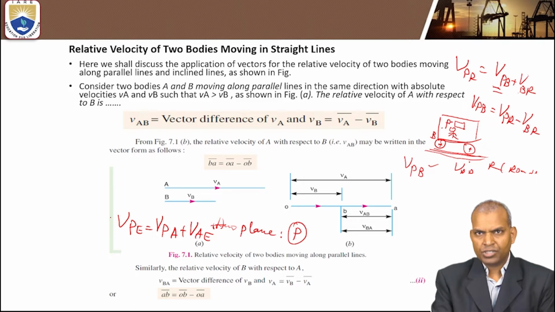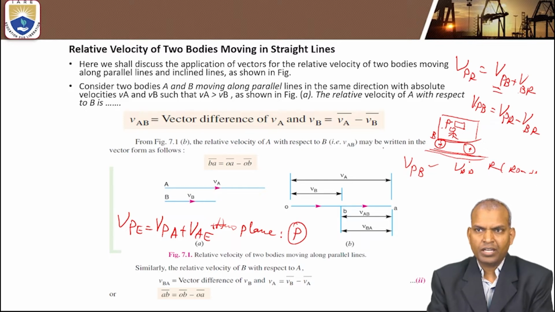So that is the introduction of finding out the velocity equations and vector forms of various bodies. In this, there are three case studies we studied. One is when two bodies are moving parallelly. Another one is velocity of the person when the person is moving inside the bus.